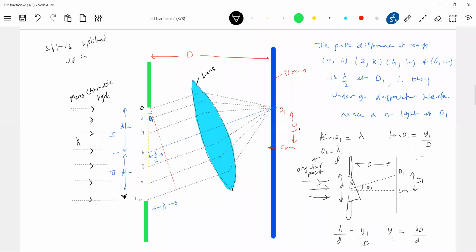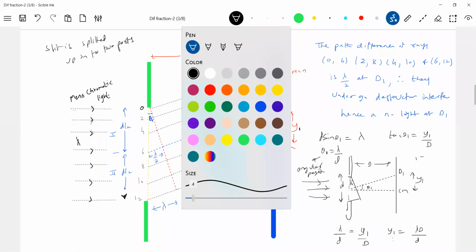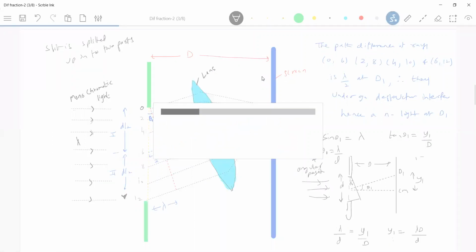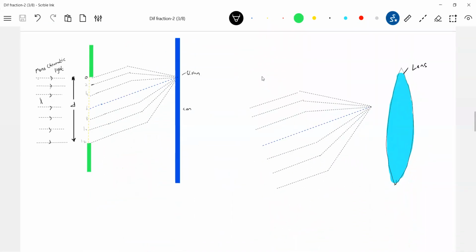So the slit is split up into 2 parts. Now I'm going to split this slit into 3 parts.